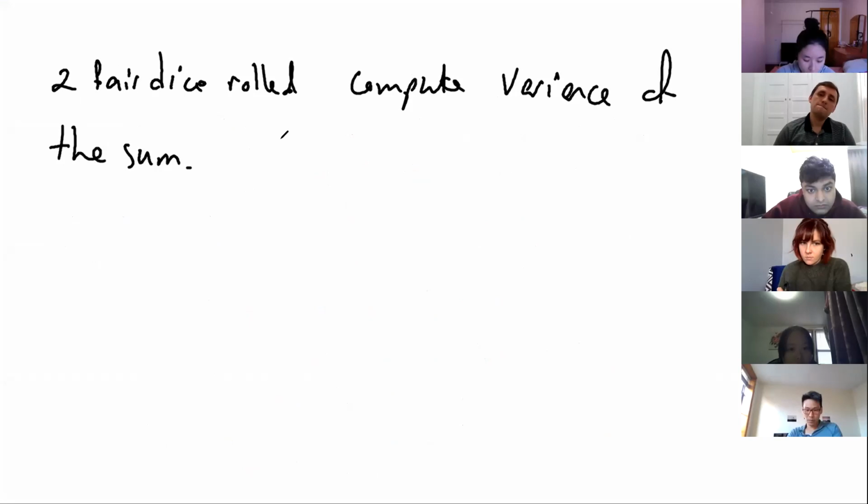Okay. In other words, I want to know how, on average, from game to game, the sum is going to vary from one value to another, from the average, so to speak, right? So we need to know what's the average that you get per game, and how much we deviate from the average.